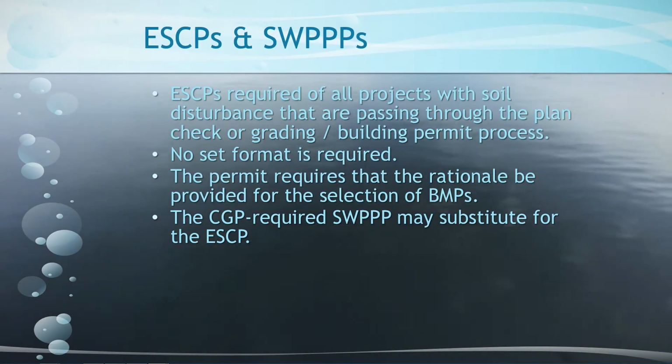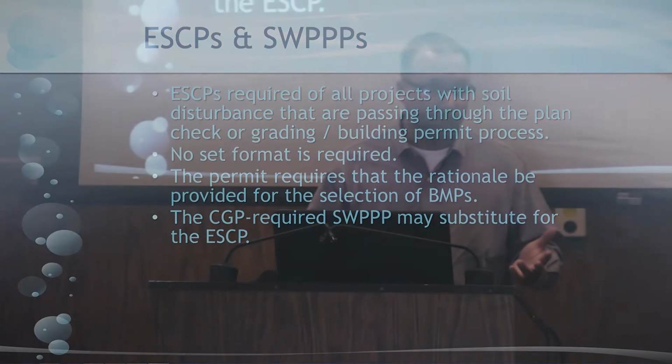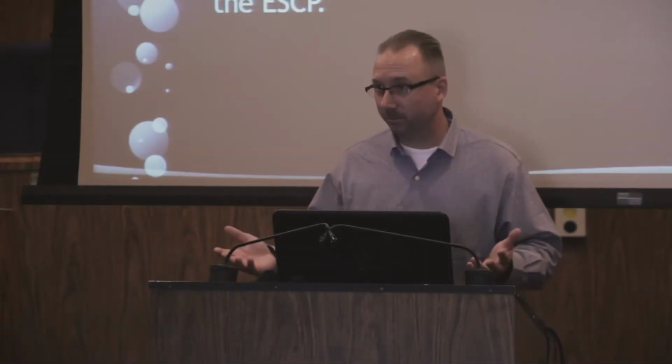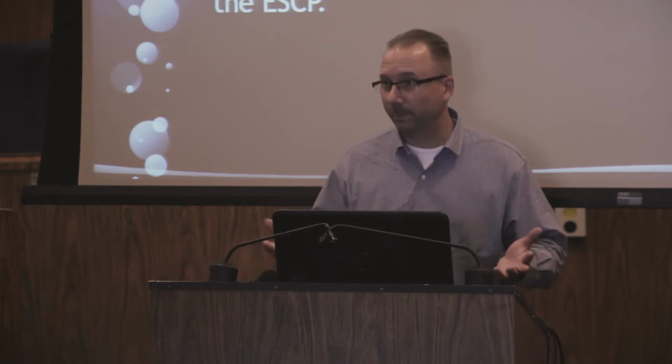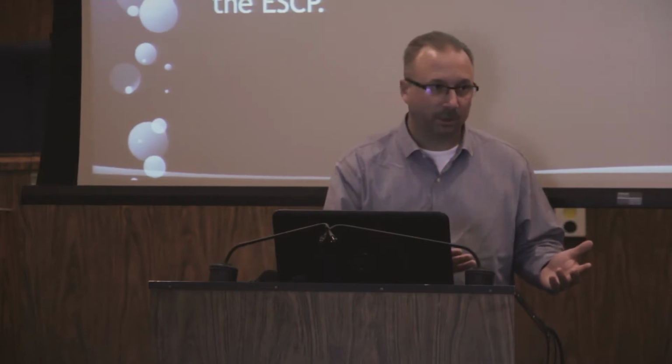The required SWIP for those projects that are under the construction general permit may be submitted in lieu of an erosion and sediment control plan. Now, the thinking is that those larger projects over an acre had to develop this document, usually under a certified individual, a qualified SWIP developer, or QSD as they call them.